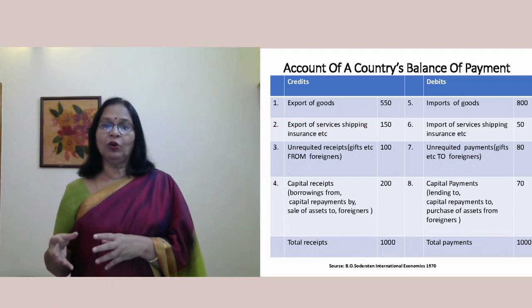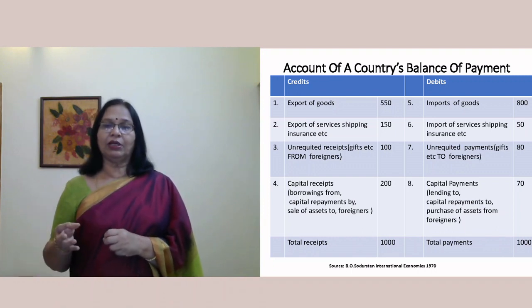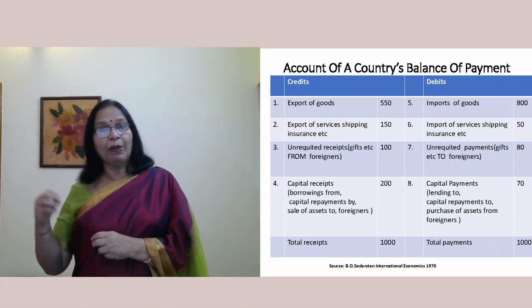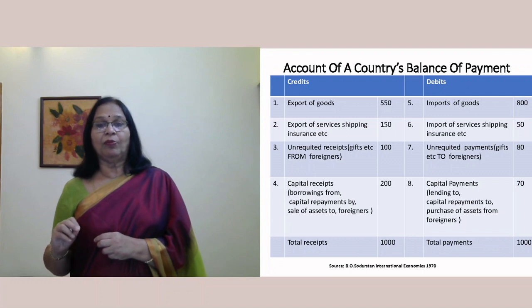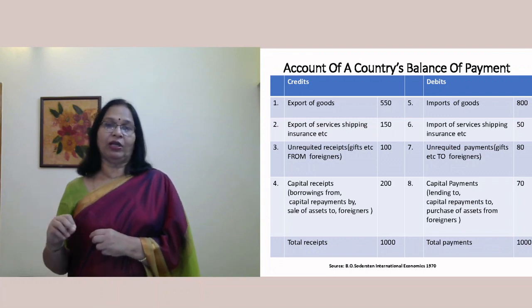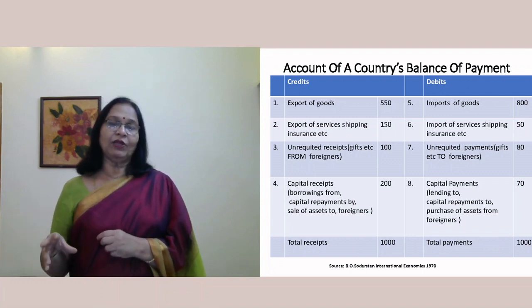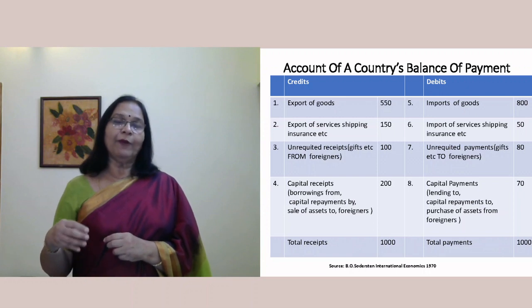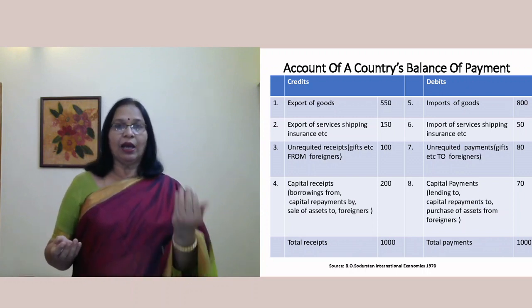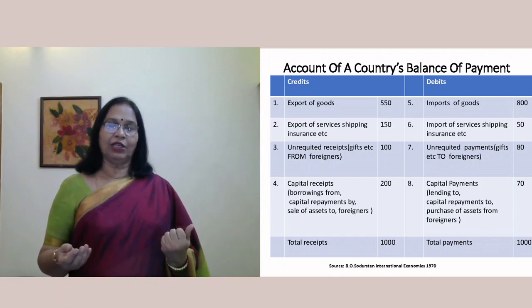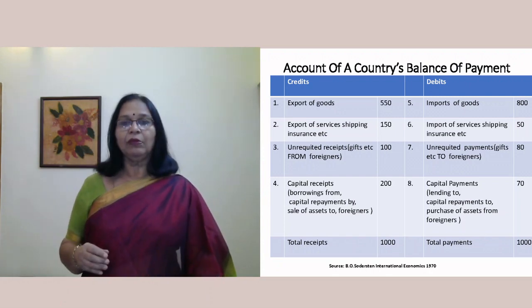Capital payments include lending to other countries, which is a debit for us. We might make capital repayment to other countries, that's again a debit for us. We can make the purchase of assets from foreigners. When we do any of these, we are paying foreign currencies outside. In the earlier case, we are getting foreign currencies into the country.